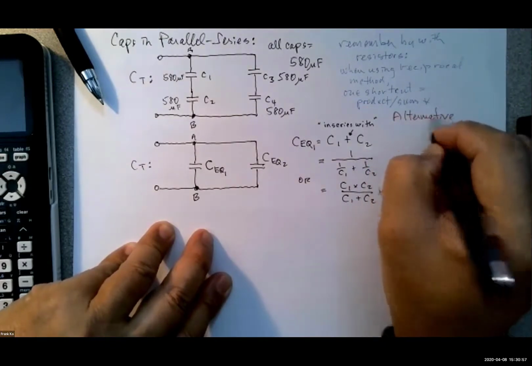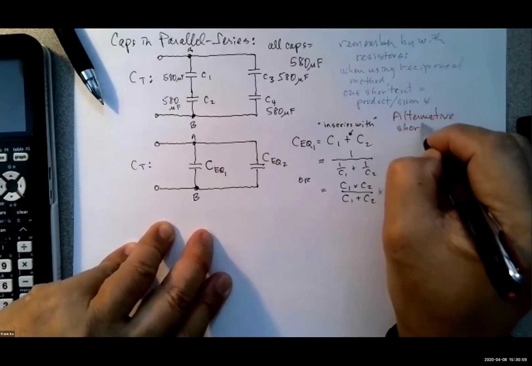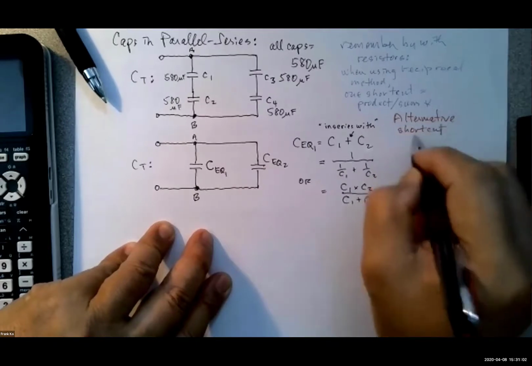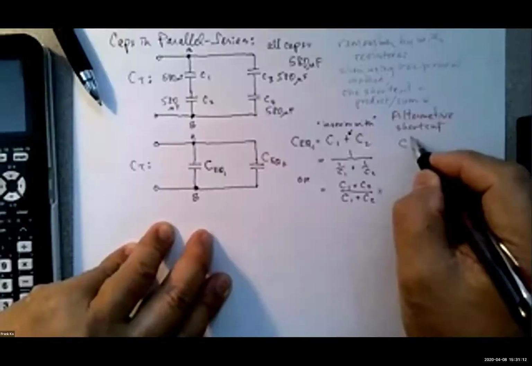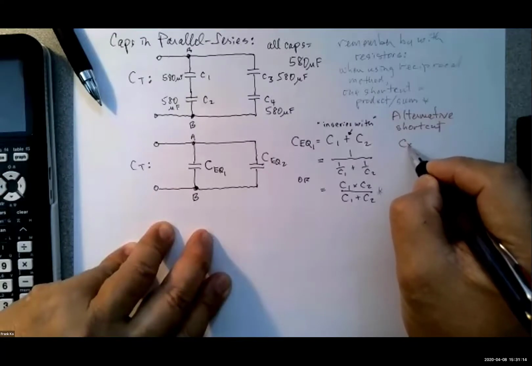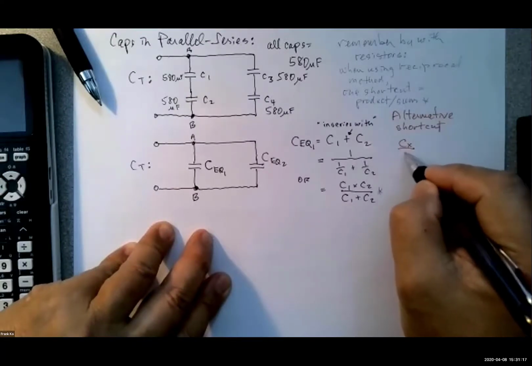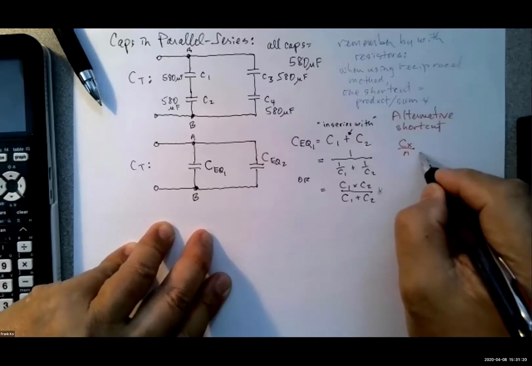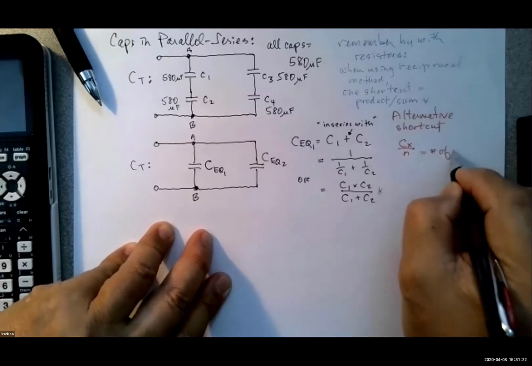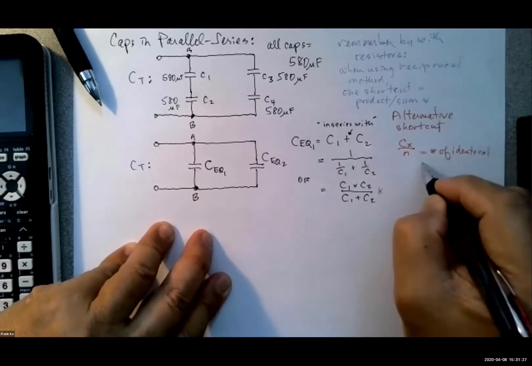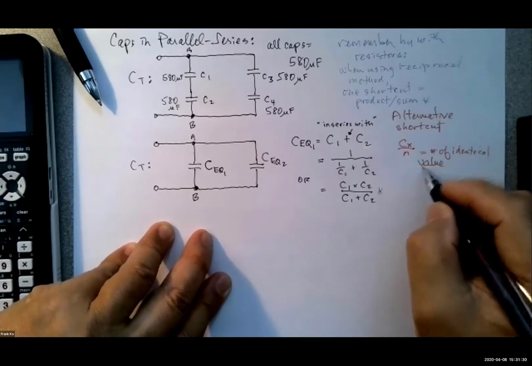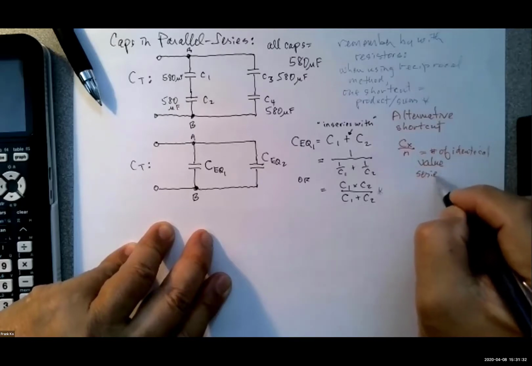Alternative shortcut would be given as C, whatever that particular capacitor is, whatever value that is, will simply divide by N. So N stands for number of identical value series caps.